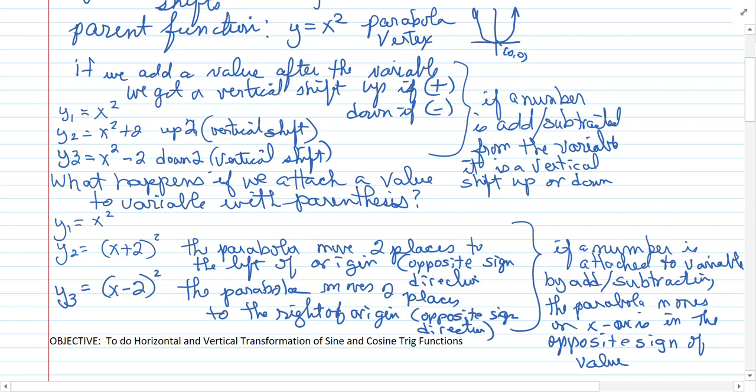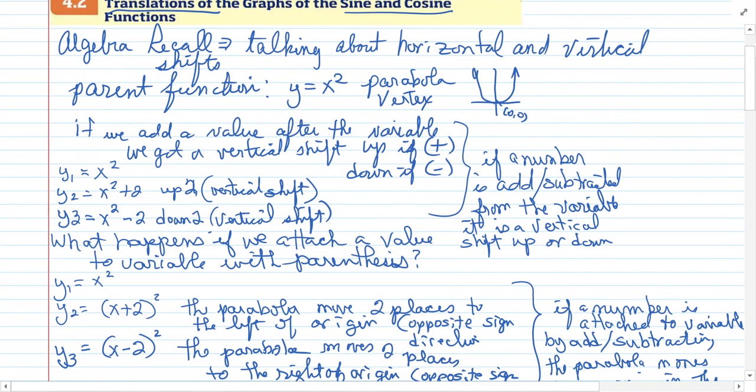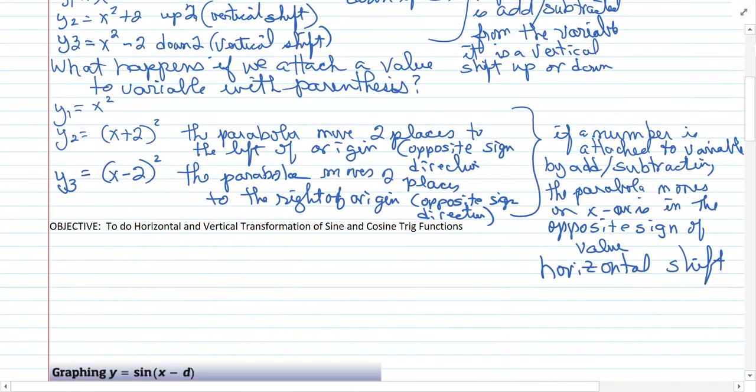And this is called a horizontal shift. All right, so we did vertical shift and horizontal shift because we are going to do this with trig functions. So we're going to say our horizontal and vertical transformations of sine and cosine trig functions.